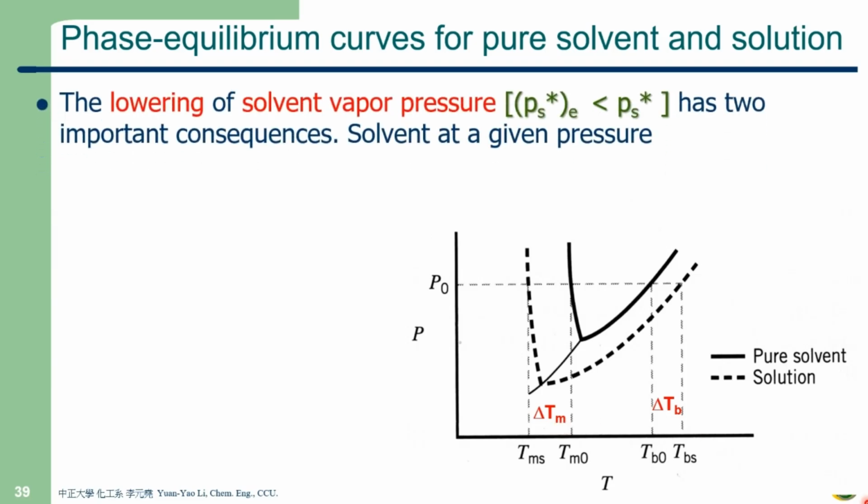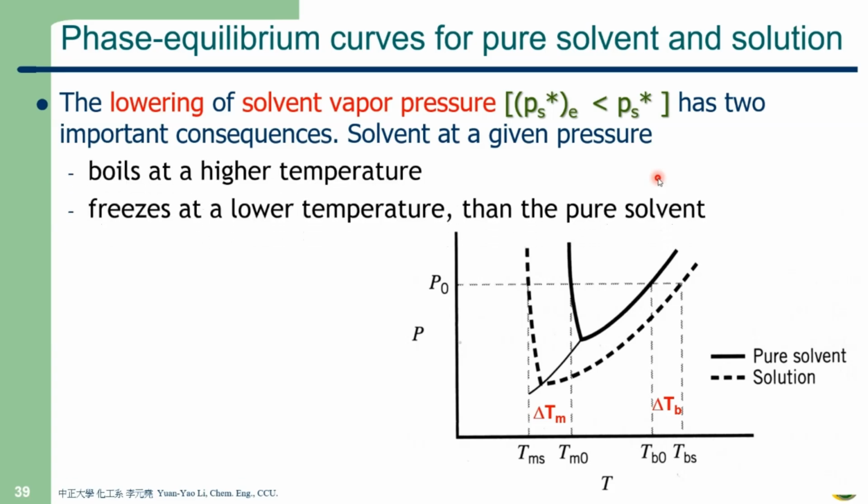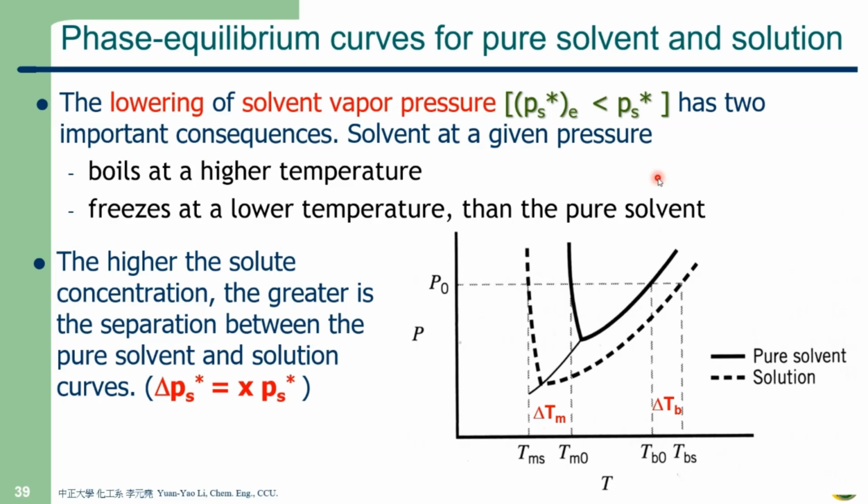The lowering of the solvent vapor pressure has two important consequences. The solution at a given pressure boils at a higher temperature and also freezes at a lower temperature than a pure solvent. That's what we are going to talk about. We already talked about the phenomena last week, and we want to use a mathematical method to calculate the degree of this lowering and raising.